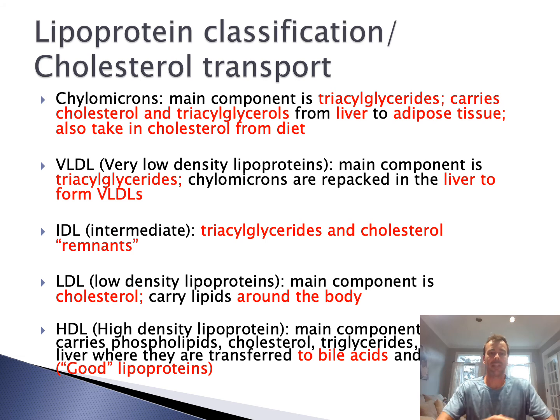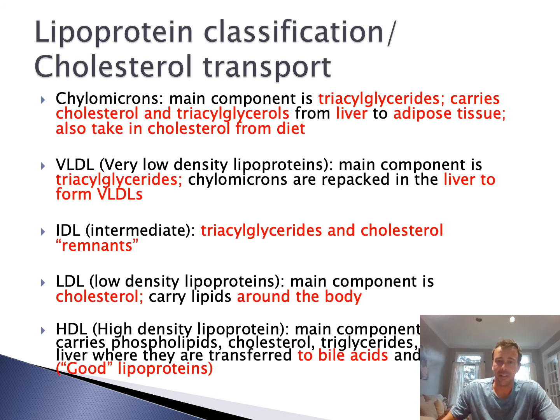First, the classification. There are a couple terms you'll see here. All of these are lipoproteins, but they're just different classes of lipoproteins. When we say chylomicrons, the main component of these are triacylglycerides. They carry cholesterol and triacylglycerols from the liver to adipose tissues, and they also take in cholesterol from the diet.